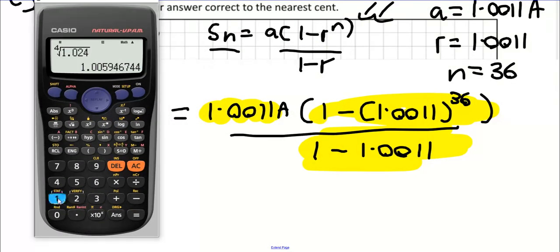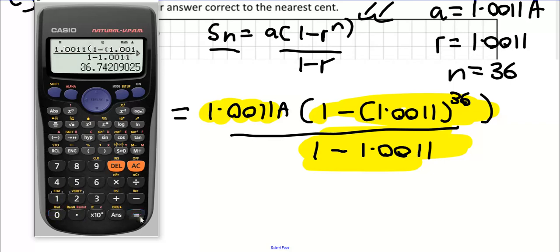So we press the fraction button. 1.0011 times 1 minus open bracket 1.0011 to the power of 36, divided by 1 minus 1.0011.